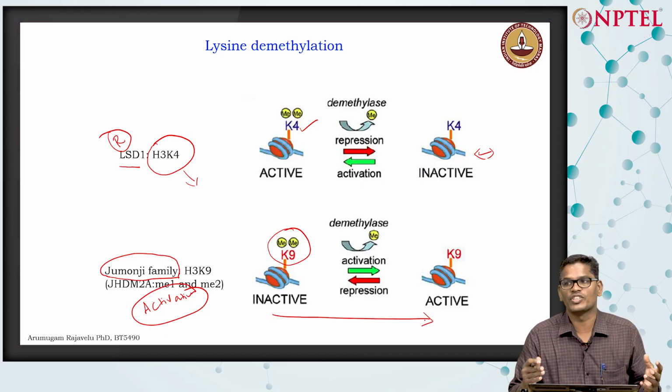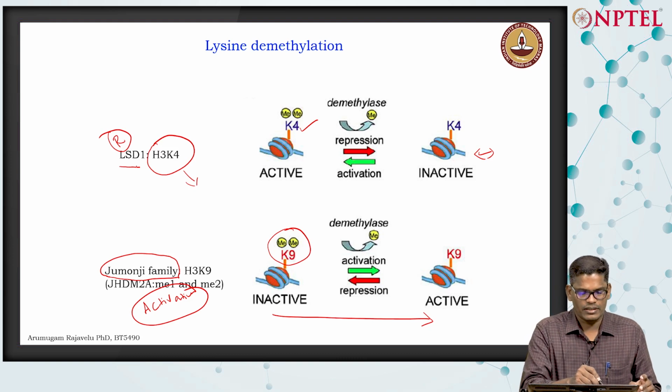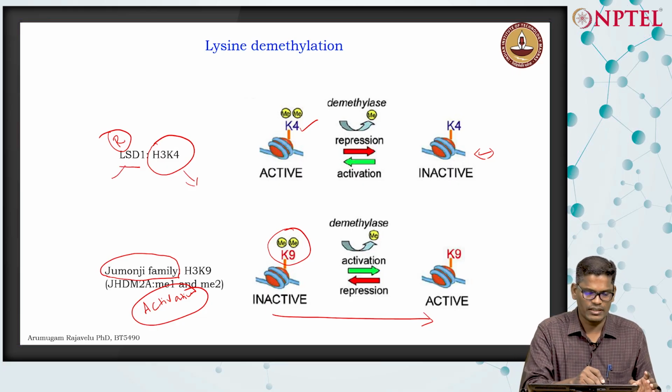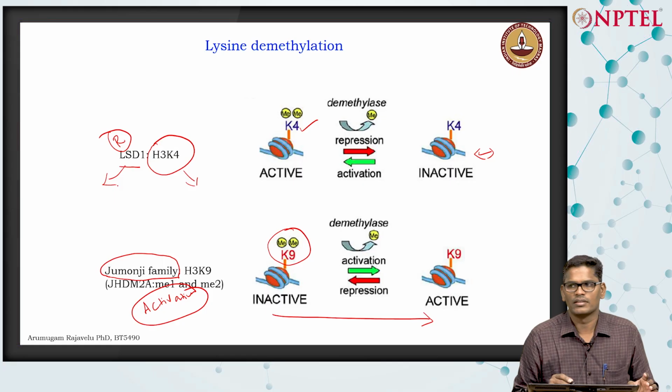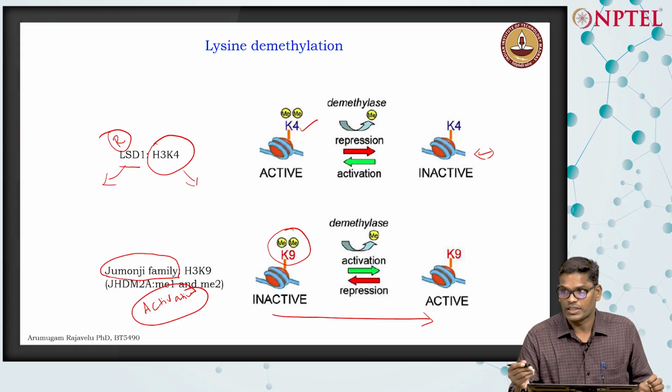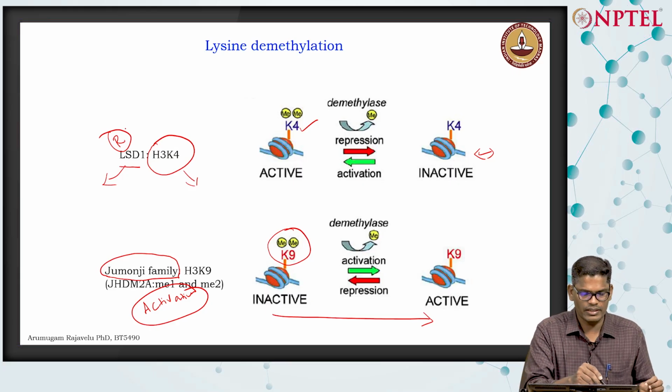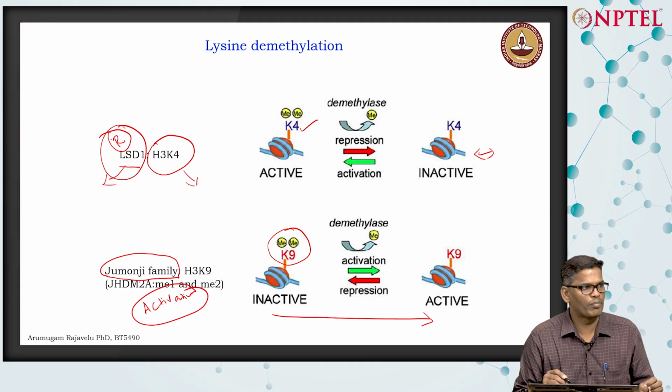So, you can imagine, these proteins will always coordinate with the corresponding repressor or activator. In this case, LSD is likely going to coordinate with the repressive proteins, histone 3 lysine methyl transferases, K27 methyl transferases, 36. So in all these methyl transferases, this can form a complex and then work together to have a successful inactivation.